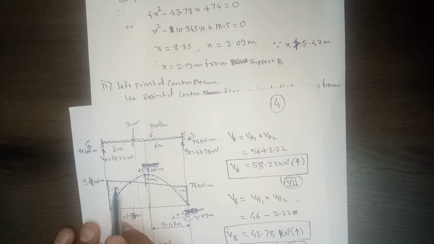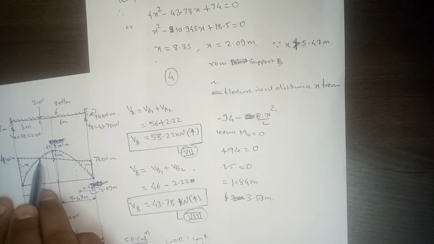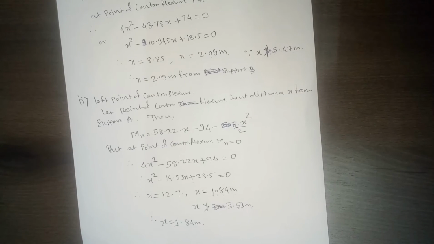Since we are changing from negative to positive, and the maximum positive we are getting at 3.53 meter, this point of zero should be in between. So the correct answer would be 1.84 meter. So x will be 1.84 meter. That's how you can solve the problem.